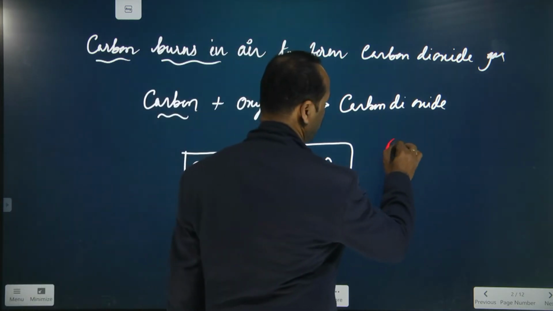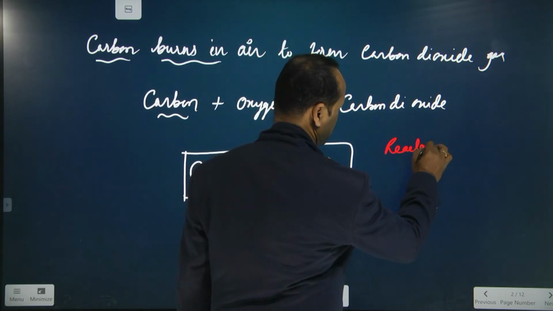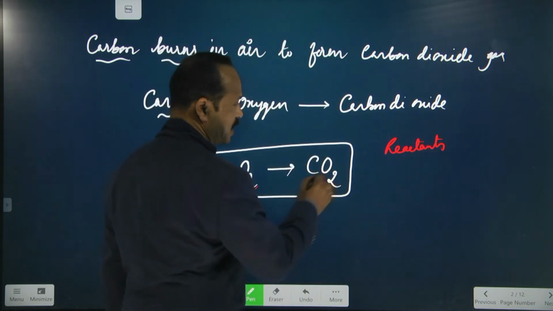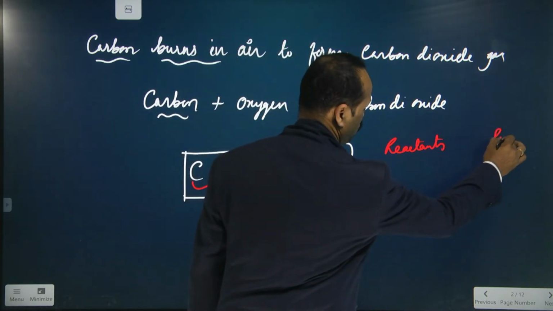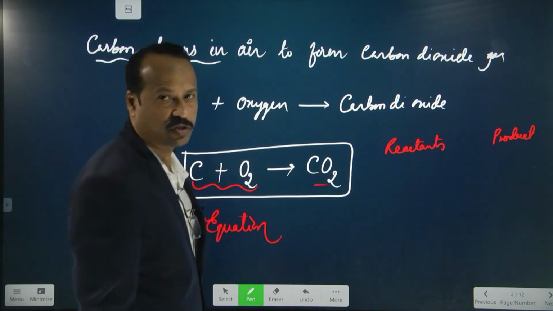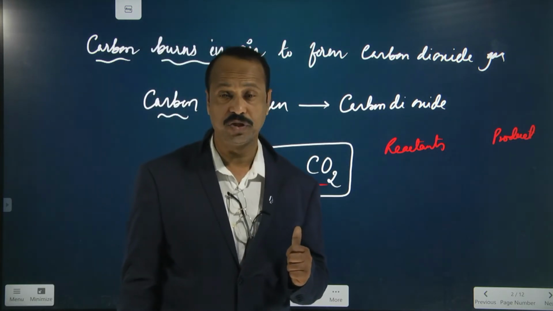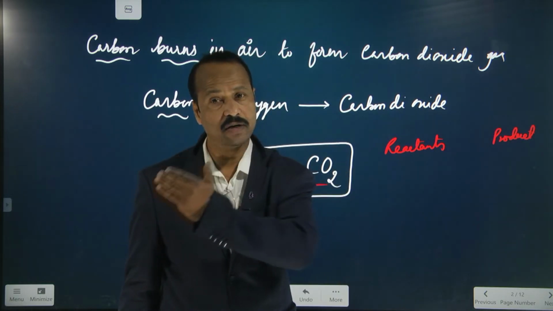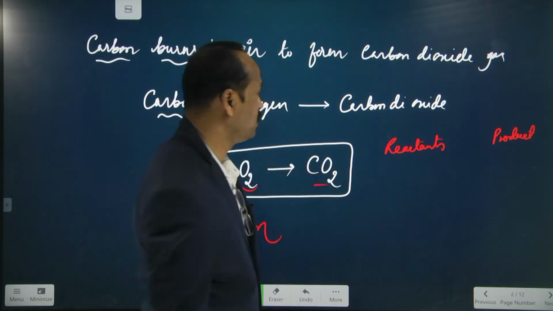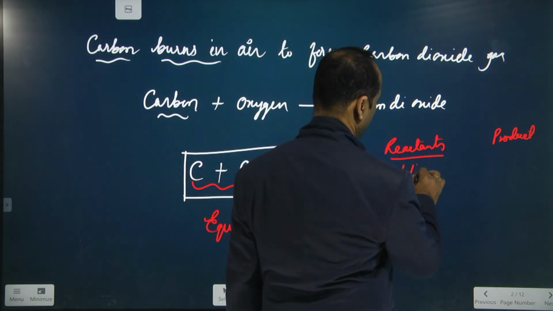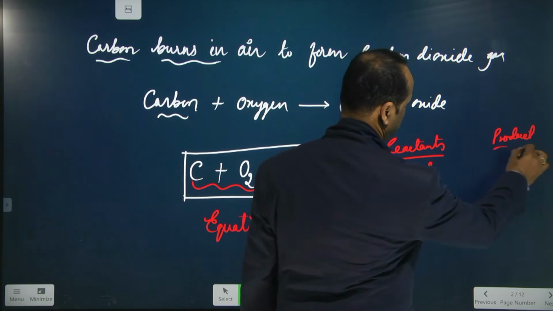And what is forming after the chemical reaction is called the product. Reactants should be written on the left side, and products should be written on the right side. So this is the left hand side, and this is the right hand side.